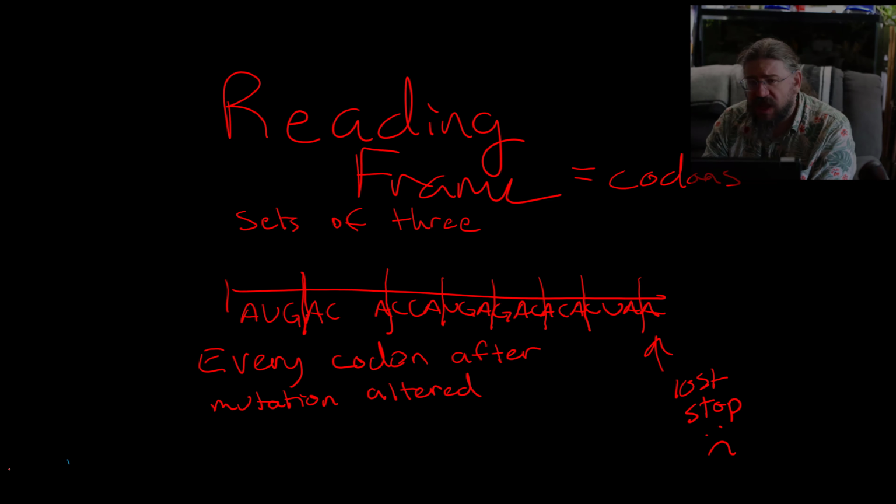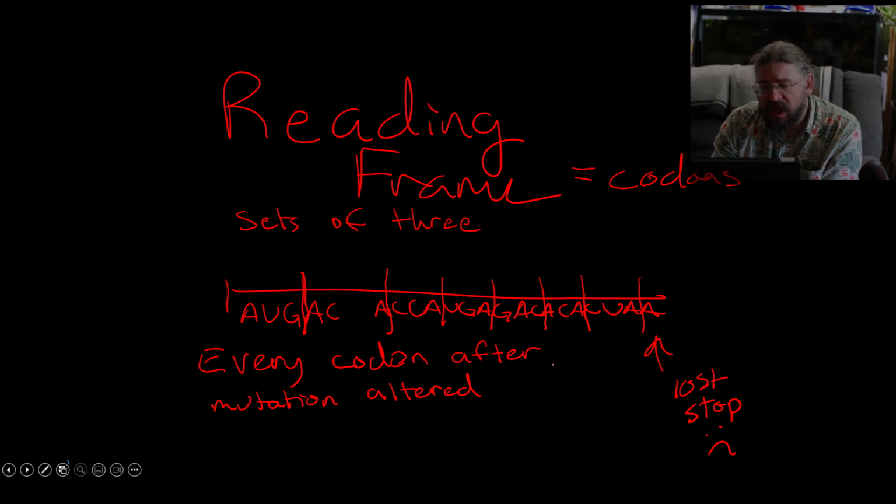You'll be real lucky if there are any codons that were silently mutated, but every single codon after is part of that frame shift mutation and is now going to have an alteration in what gets produced by it, right? Here, you can see that everything changes.